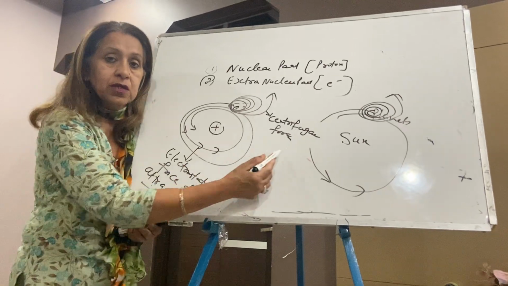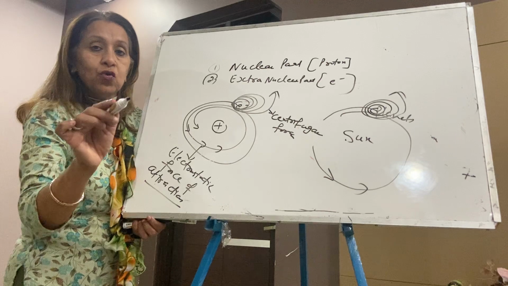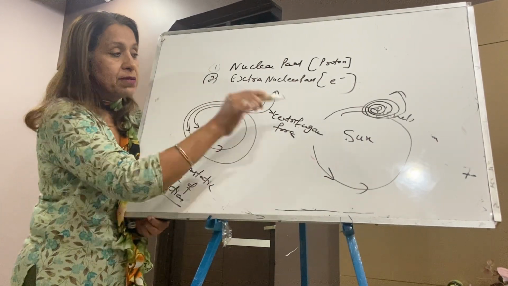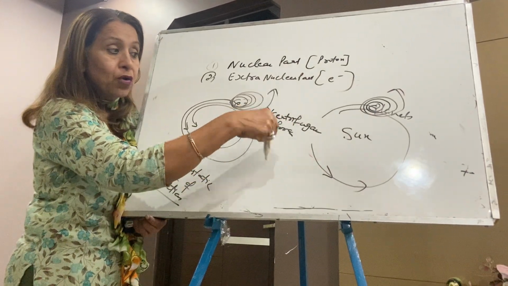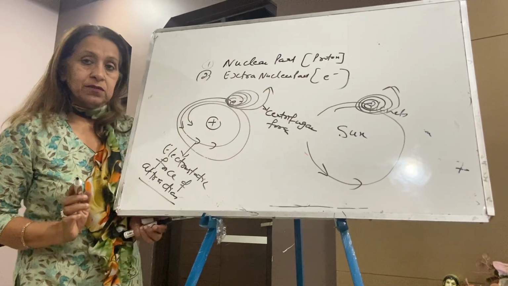These two forces balance each other, so the electron will not fall into the nucleus according to Rutherford, right? In a similar way, a planet does not fall into the sun, because the planet not only moves around the sun but also rotates on its own axis.